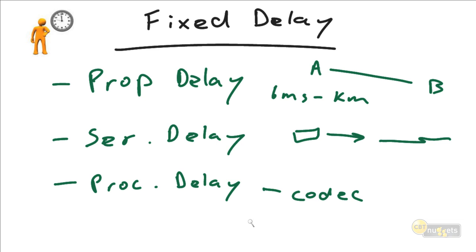Cisco tries to help us here with those digital signal processors, those special components on the voice speaking equipment that will help speed things up from a processing delay perspective. So, fixed delay components, 3 of them come to mind: propagation delays, serialization delays, and processing delays. And there's a variety of things we can do about this when we design, from absolutely nothing to installing special circuitry to speed things up.